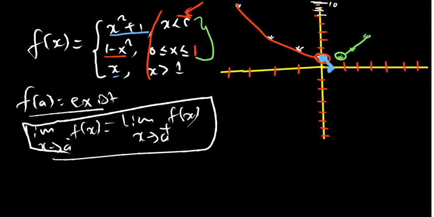Okay, so now let's start by saying we want to check if the function is continuous at c equal to 0. Then f of c, if I put 0 in there, what will be my value? So I'm going to go back here.